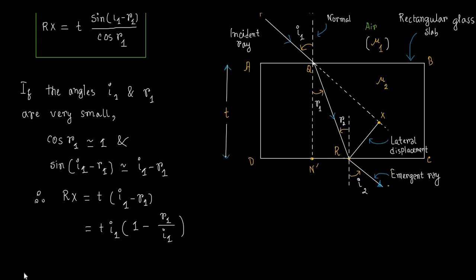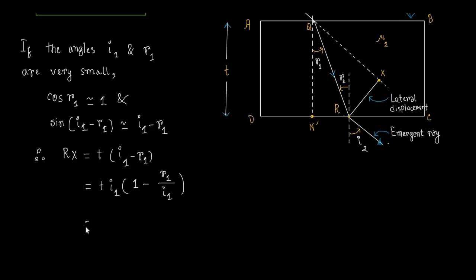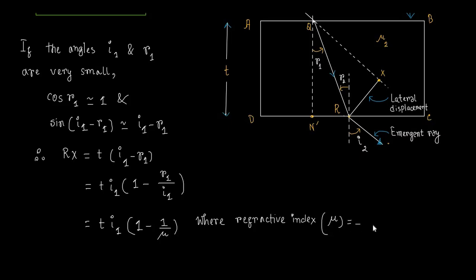This is a special case in which angles are very small. T into I1 bracket open 1 minus 1 by mu, where the relative refractive index of glass slab with respect to surrounding medium, that is mu, will have the expression sin I1 by sin R1, and that is approximately equal to I1 by R1, provided I1 and R1 are very small.